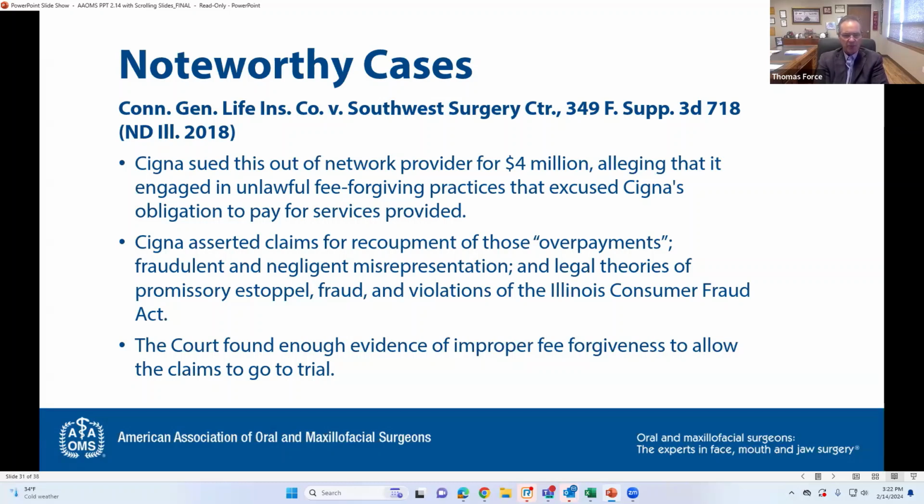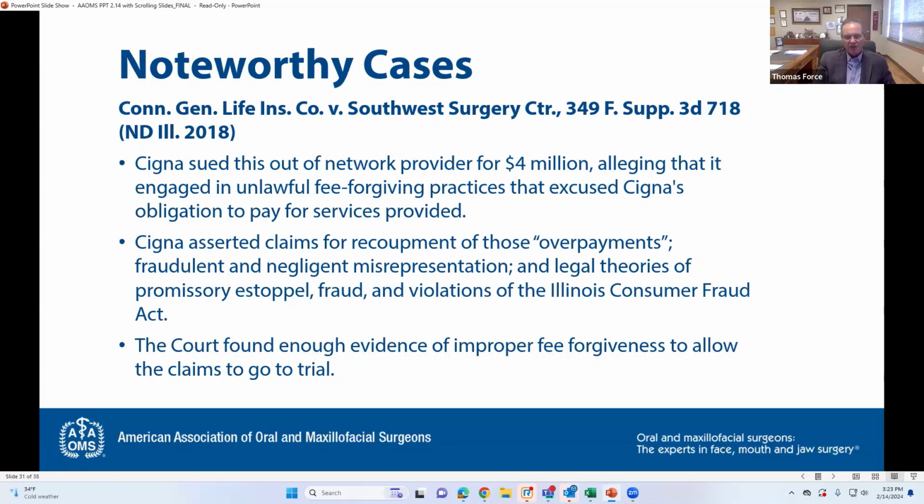Cigna asserted claims for recoupment of these overpayments. They viewed all payments they made where there were fee forgiveness practices as overpayments, insurance fraud, negligent misrepresentation, and they sued under legal theories such as promissory estoppel, fraud, and violations of the Illinois Consumer Fraud Act.